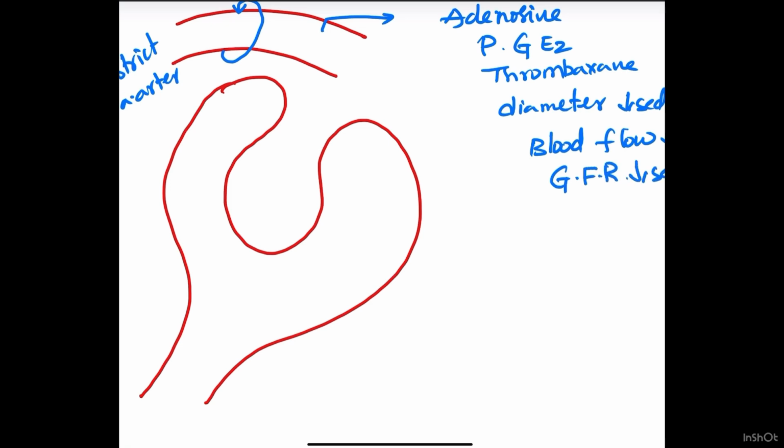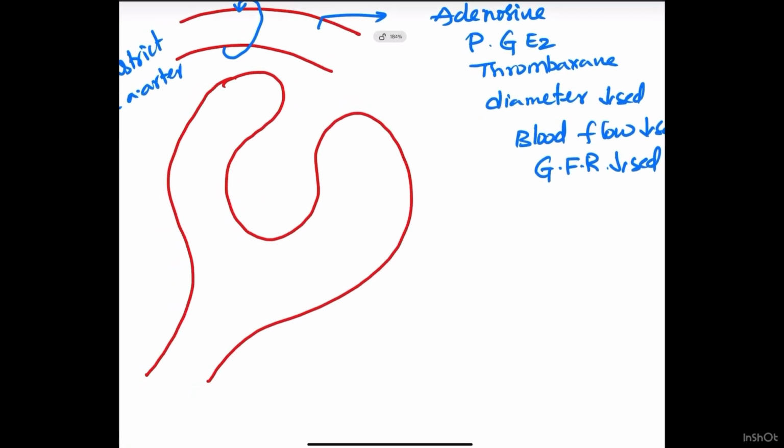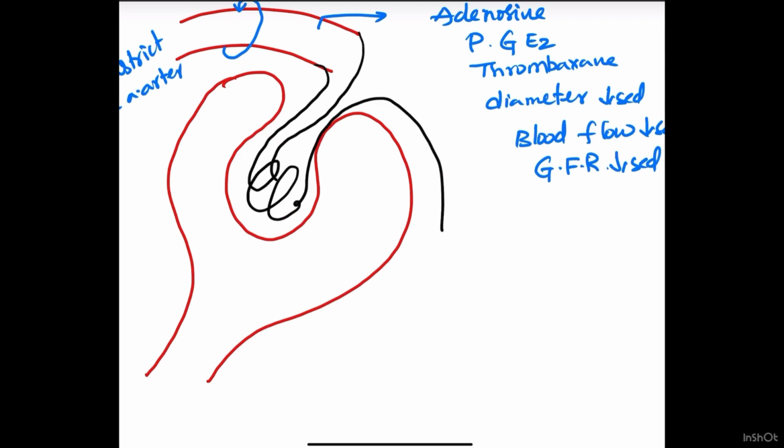When this afferent arteriole becomes narrow, while I was drawing the diagram, I also told you the efferent arteriole is narrow already, right? So that is narrow only. Now you see what they are mentioning. This is narrow already, and this one like this. You got it?